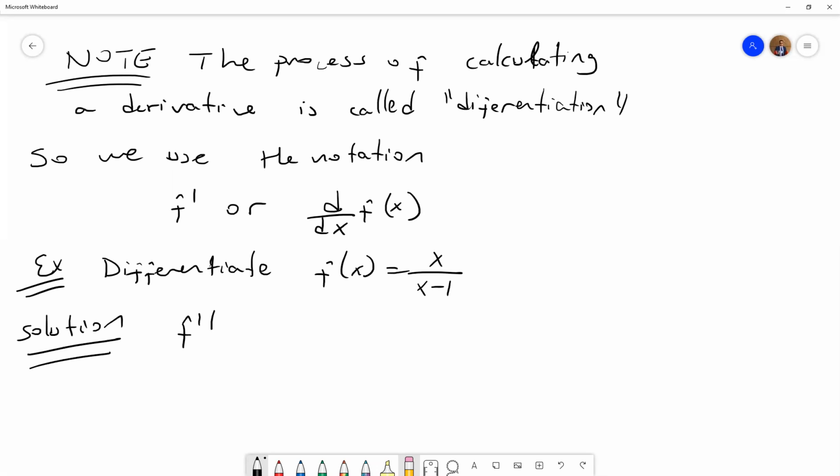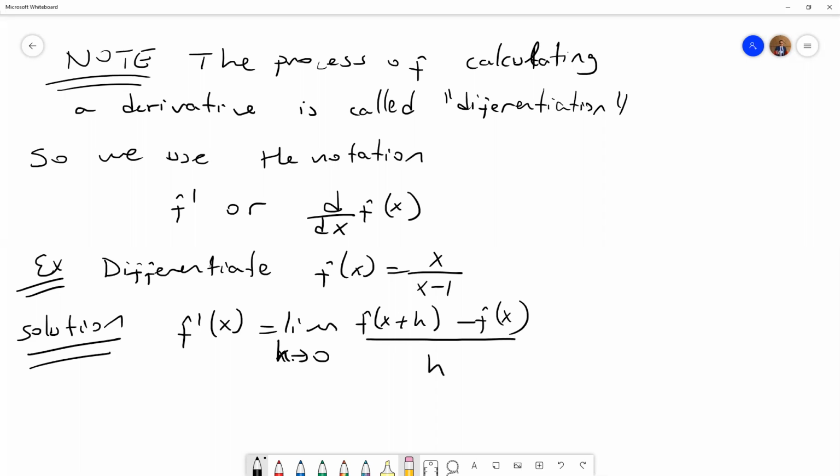We know that f prime x is equal to limit h goes to 0 of f(x plus h) minus f(x) over h. We try to do this one by using this function. So put x plus h first in the f(x) function: x plus h over x plus h minus 1 minus f(x), you know, x over x minus 1.